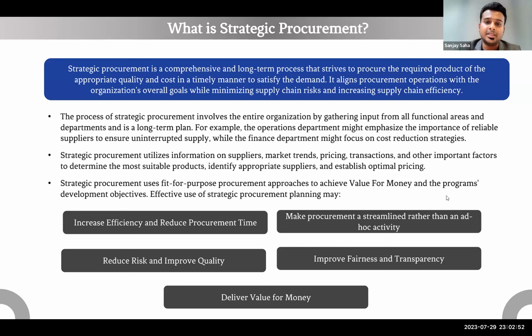Okay, like I said, the process of creating or drafting any strategy or instituting any strategic procurement involves an entire organization. Now, in this case, it should involve multiple stakeholders.